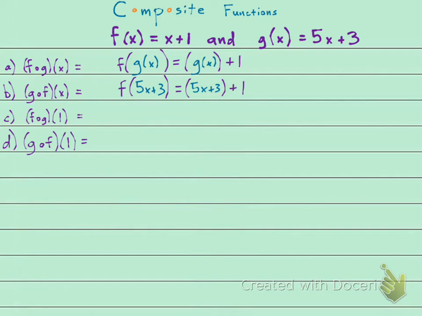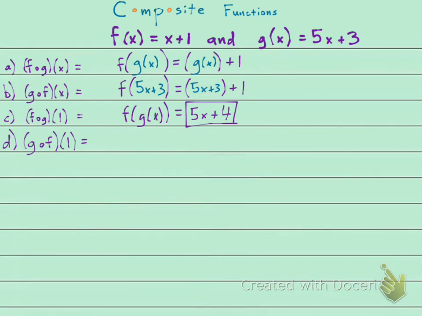Now we're going to see that the f of g of x is 5x plus 3 plus 1, and I can put together the 3 plus 1 to get 4: 5x plus 4. This is the f of g of x. That's my answer right here.